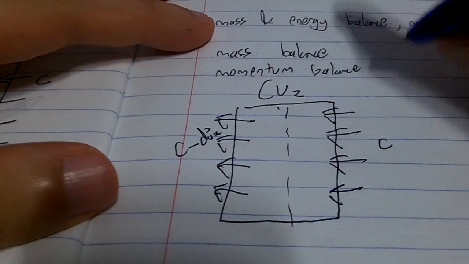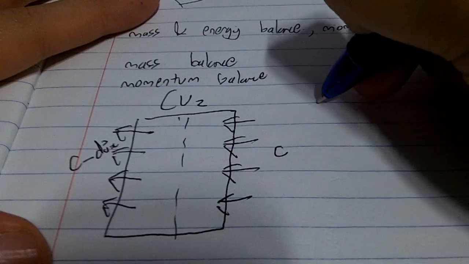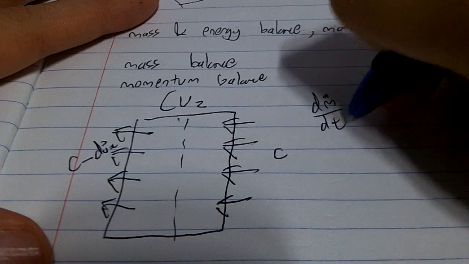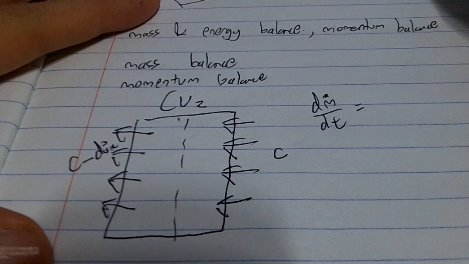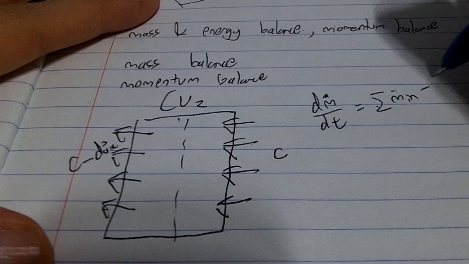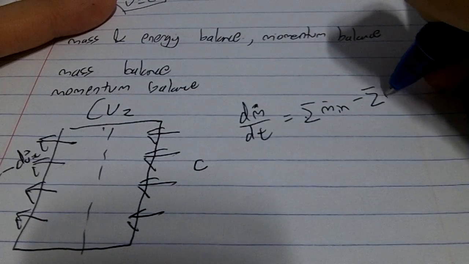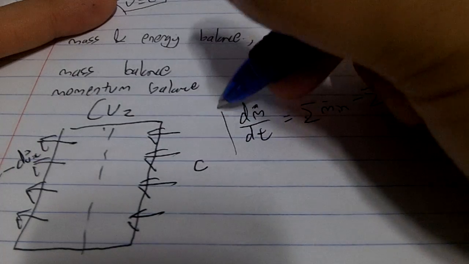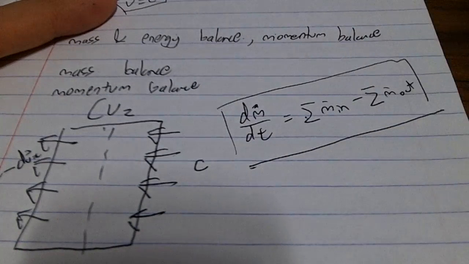Alright, so the basic mass balance equation, dm/dt, equals the summation of all the mass in minus the summation of all the mass out. This is a mass balance, conservation of mass.